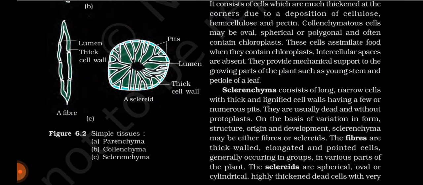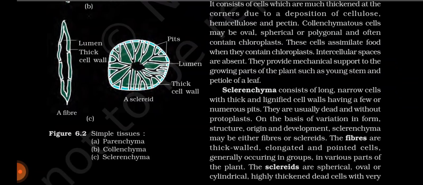Sclerenchyma consists of long, narrow cells with thick and lignified cell wall having a few or numerous pits. They are usually dead without protoplast. On the basis of variations in form, structure, origin, development, sclerenchyma may be either fiber or sclereid.